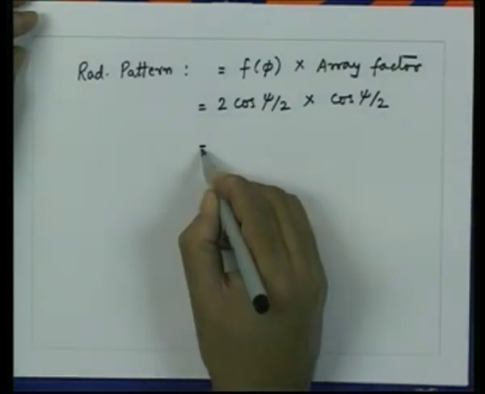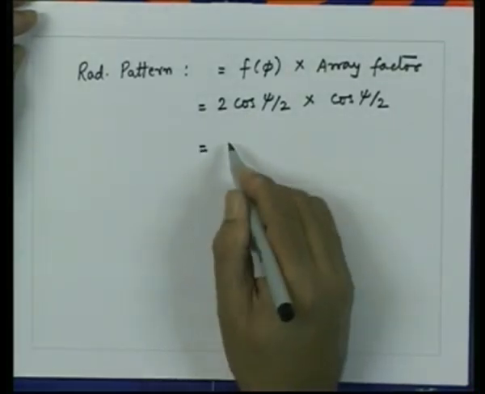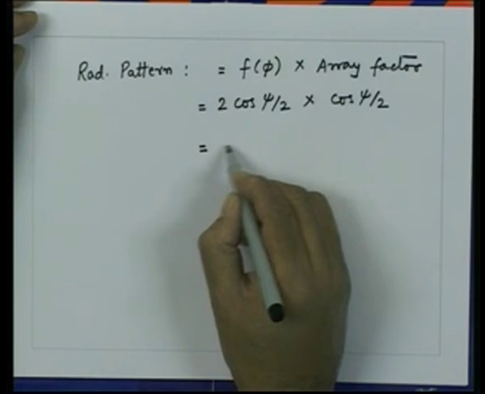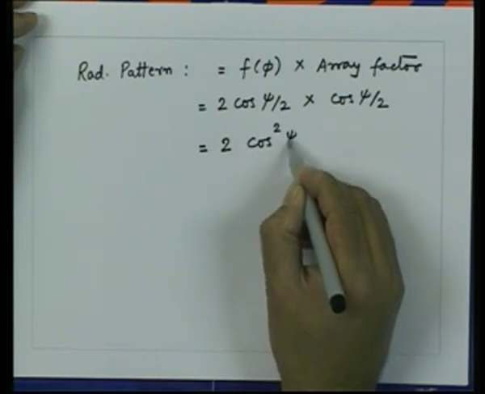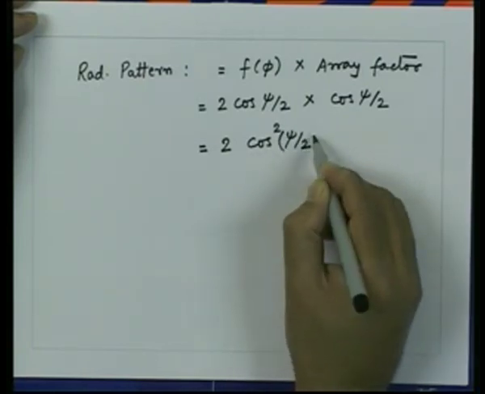So, we get a radiation pattern which is 2 times cosine square of psi by 2.